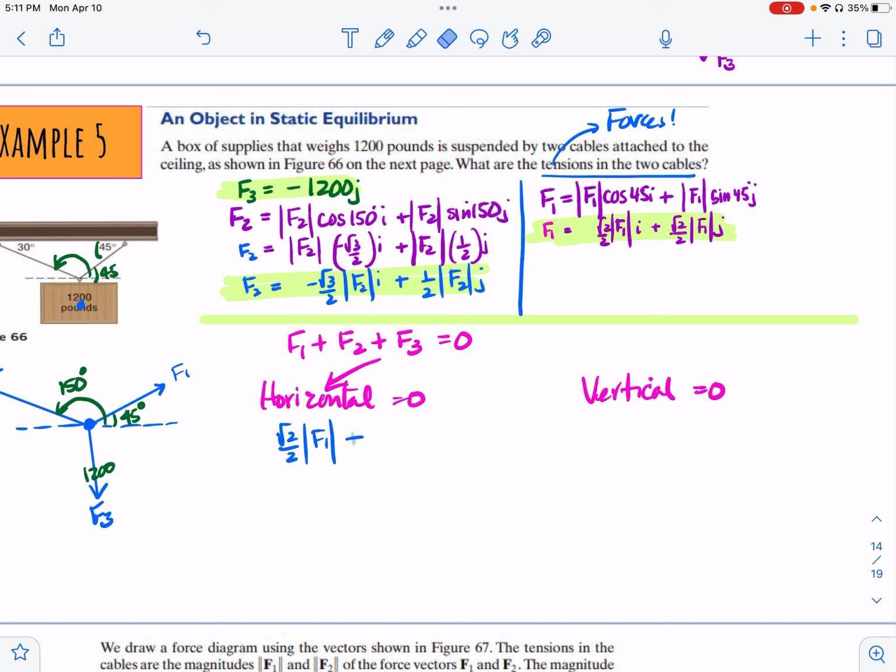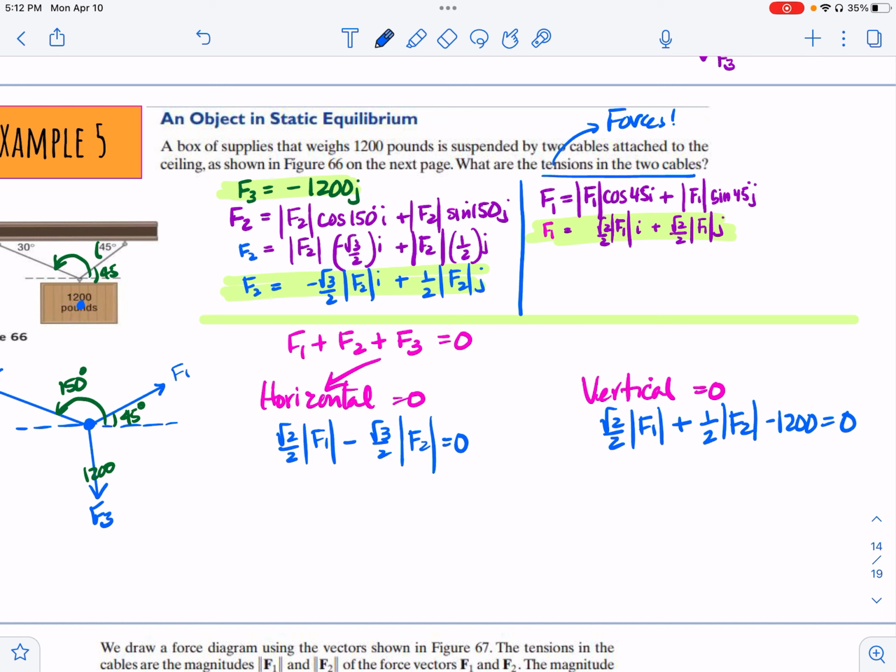It's actually negative, so I'm going to change that sign to here. Root 3 over 2 of F2. And F3 has no horizontal component, so just those two must add to 0. And with vertical, vertical of F1 plus vertical of F2 plus vertical of F3 must equal 0.